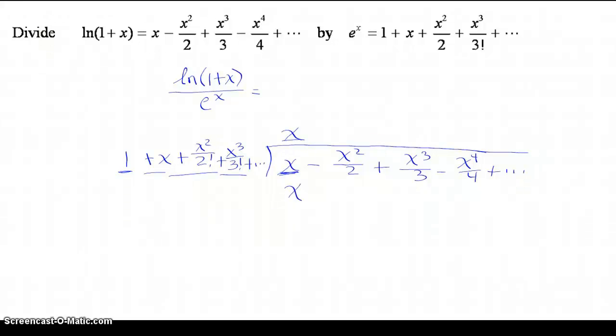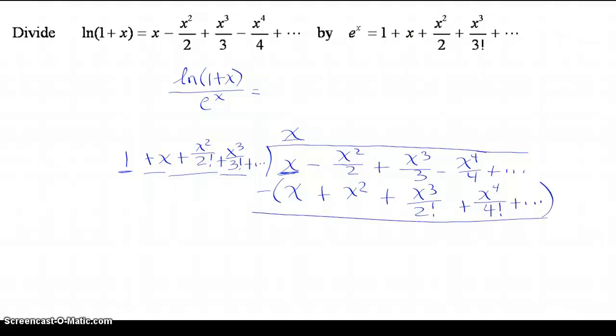So I get x, I get x squared, I get x cubed over 2 factorial, I get x to the 4th over 4 factorial, put parentheses around it, subtract it. So just the exact same process. So now my lead terms go to 0. I have negative 1/2 x squared minus another whole x squared.